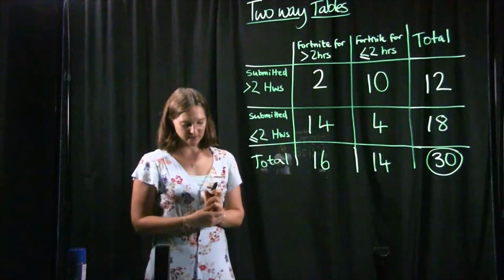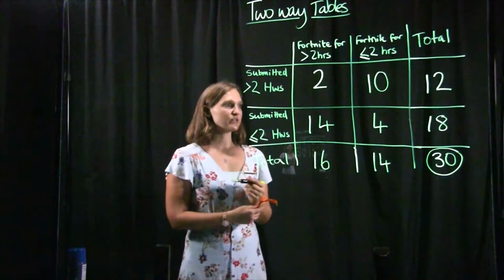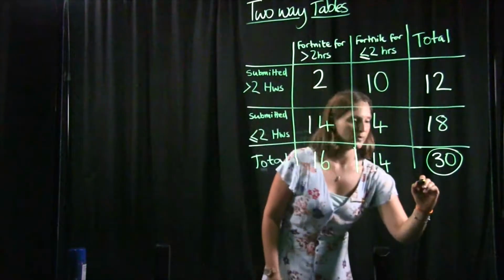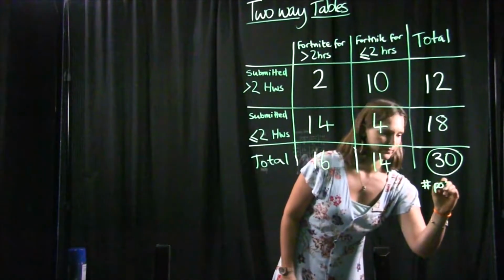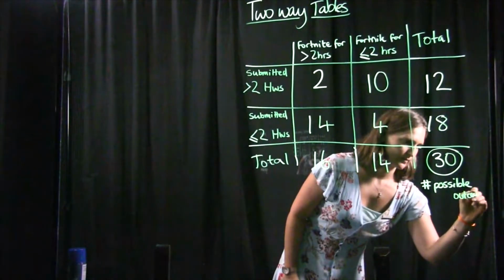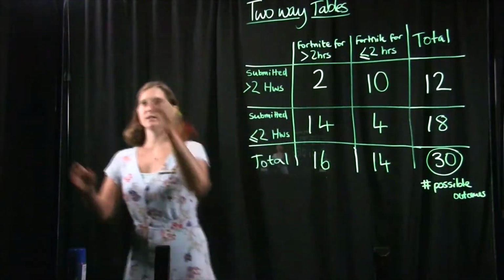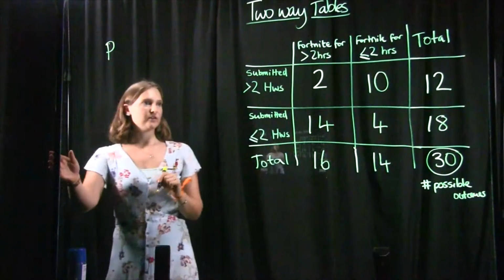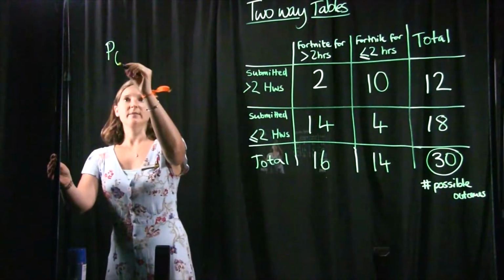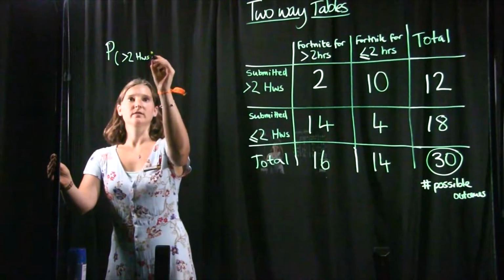So what I can look at then is some probabilities. So you can use your number of total possible outcomes. And you can now pick your favourable outcomes. So let's do an example. We'll do the probability of submitting more than 2 homeworks.